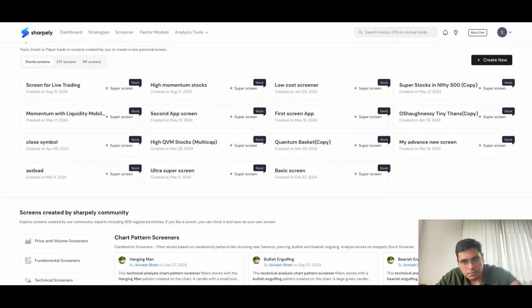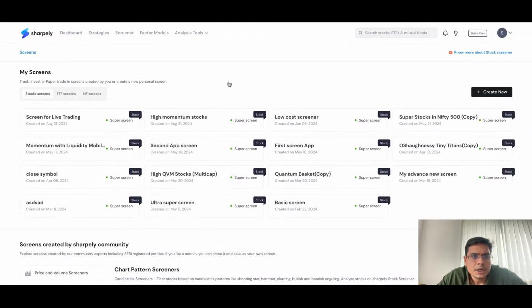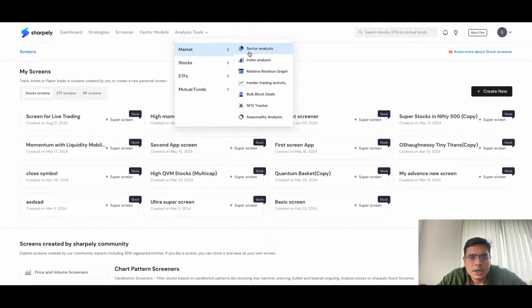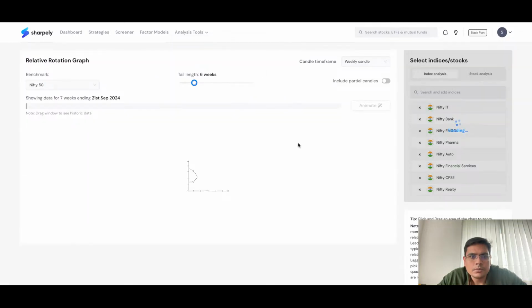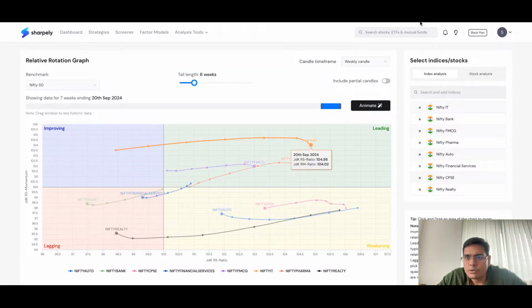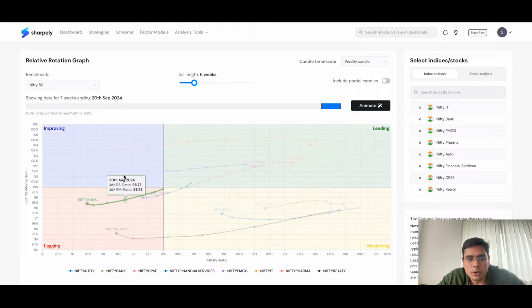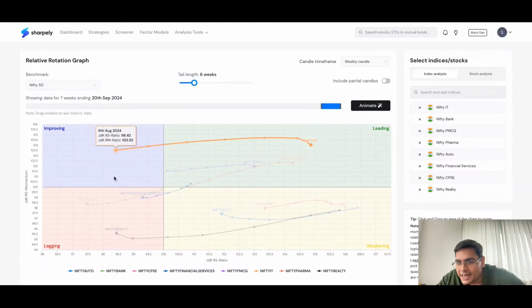Okay, so let's move on to the question. Actually, we have a question: how to use a sector rotation chart properly. We have covered this, but I'll just quickly reiterate, and let's go to the RRG chart again. Ideally, a very simplistic strategy for the RRG chart would be to buy a sector that is moving into the improving quadrant, and sell it when it's moving into the weakening quadrant.